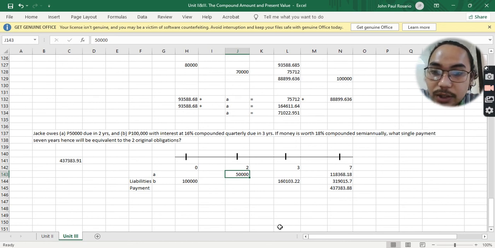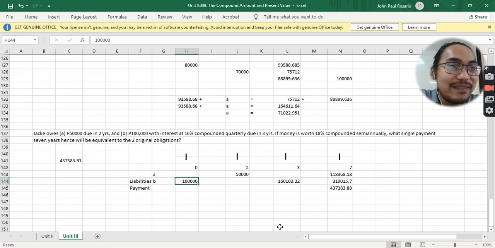However, for liability 2, what is given is only the face value, which is 100,000, and it is interest bearing. So meaning, what we should pay 3 years from now is actually 100,000 plus the additional interest of the 16% compounded quarterly for 3 years.